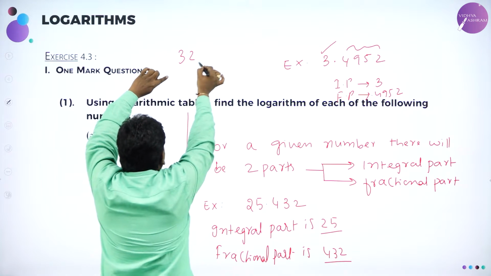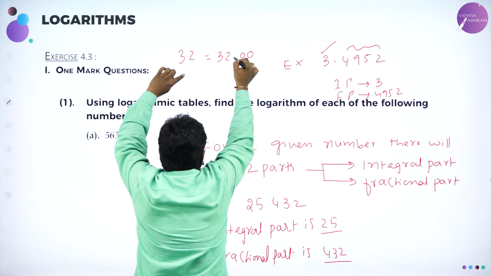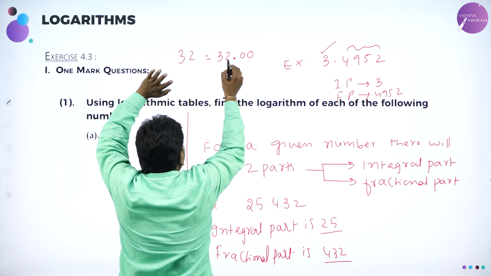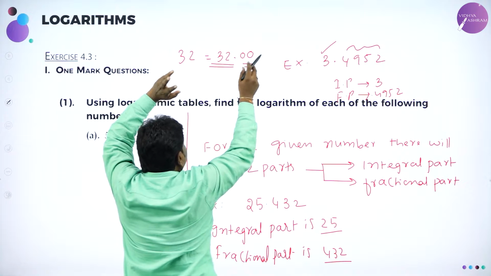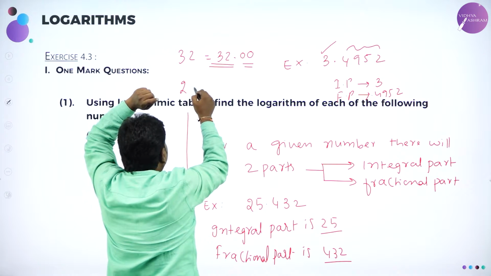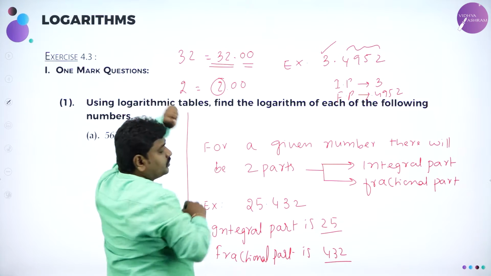Can I write 32 as 32.00? How many zeros you want, you can write. So the integral part is 32, and fractional part is 000. Similarly 2 can be written as 2.00, so integral part is 2.